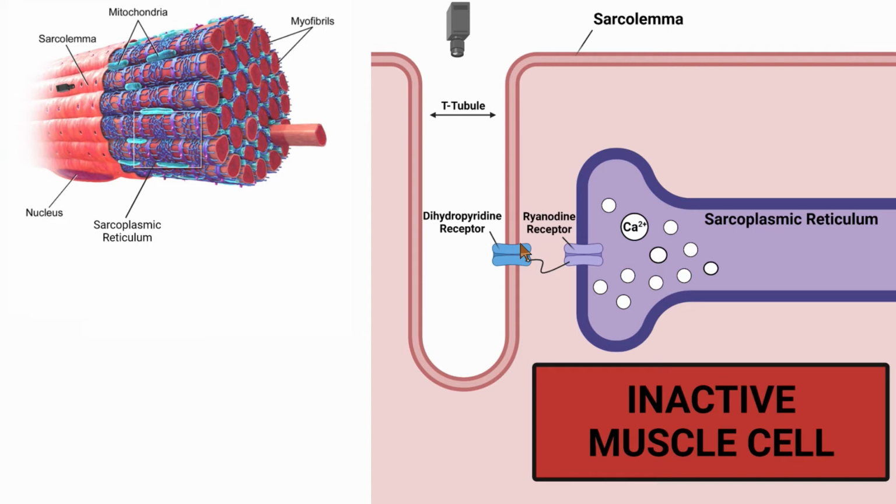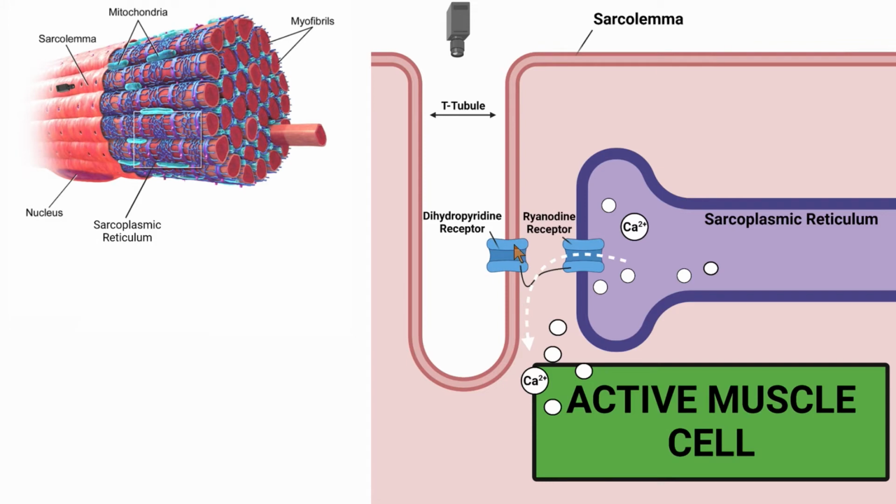So we haven't activated anything, so the muscle cell is as quiescent as it can be. Now, whatever that stimulus is, which we'll get into, it ultimately ends up leading to the dihydropyridine receptor opening, or having a shift in that receptor, which leads to a shift in that mechanical linkage between the dihydropyridine receptor and the ryanodine receptor on the sarcoplasmic reticulum.